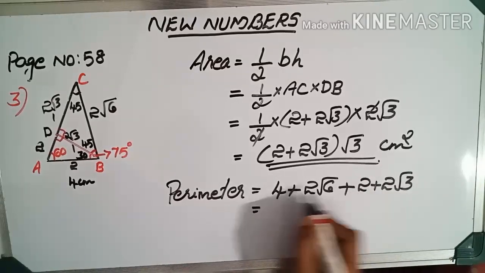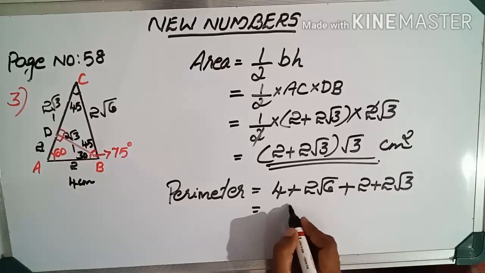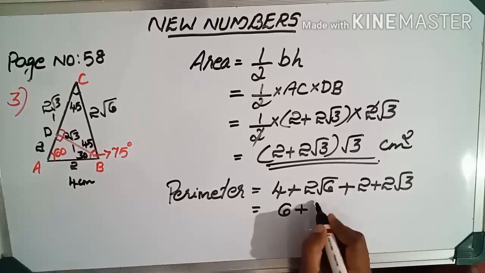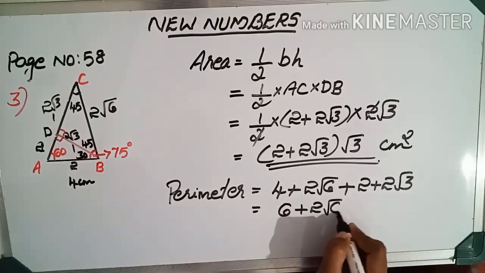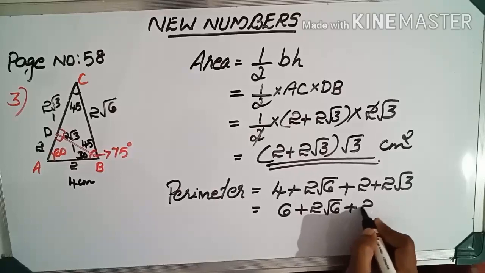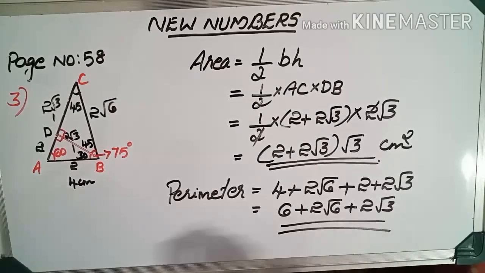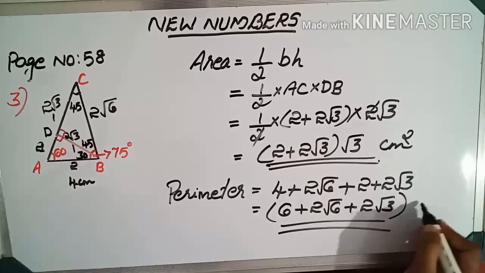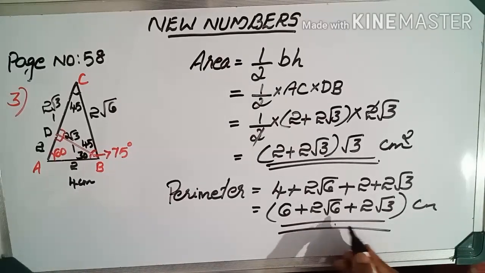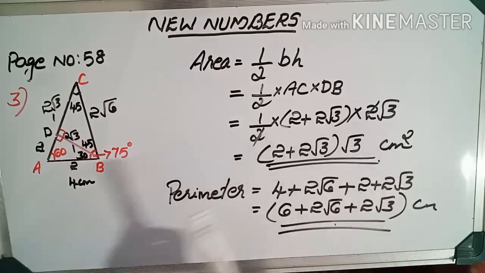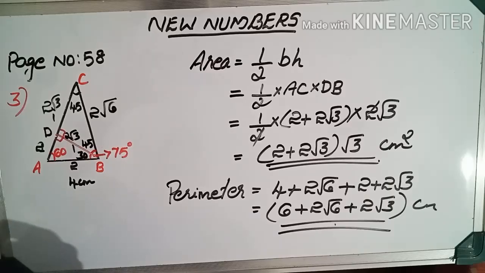Okay, these two numbers we can add. 4 plus 2 is 6. 6 plus 2 root 6 plus 2 root 3. Okay, up to this is enough. So perimeter is 6 plus 2 root 6 plus 2 root 3 centimeter, and area is root 3 into 2 plus 2 root 3 centimeter square.